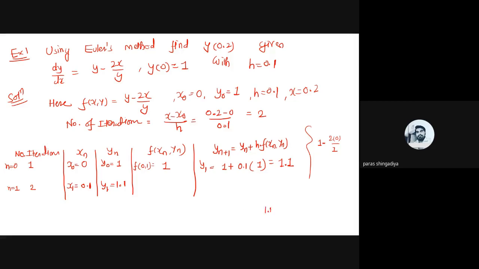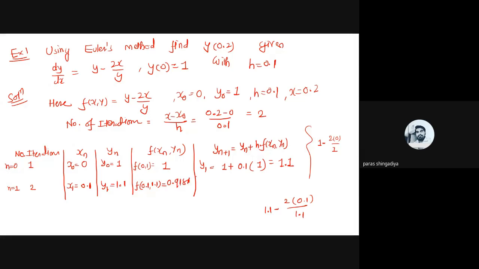That is y, that is 1.1, minus 2 into x, that is 0.1, divided by y, that is 1.1. The x value is 0.1, the y value is 1.1, so you just replace them in the function, and we check f of 0.1, 1.1. It will be 1.1 minus 2 into 0.1 divided by 1.1, and it is 0.9181. Just verify this value.